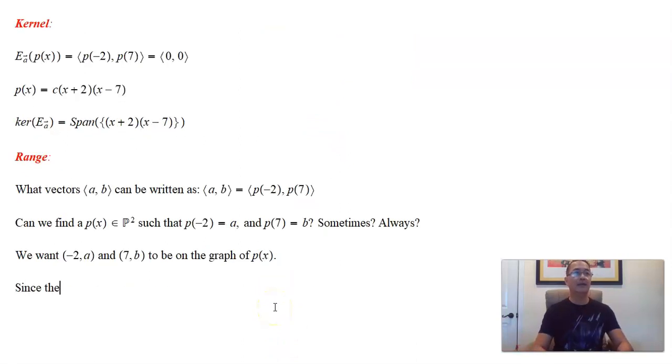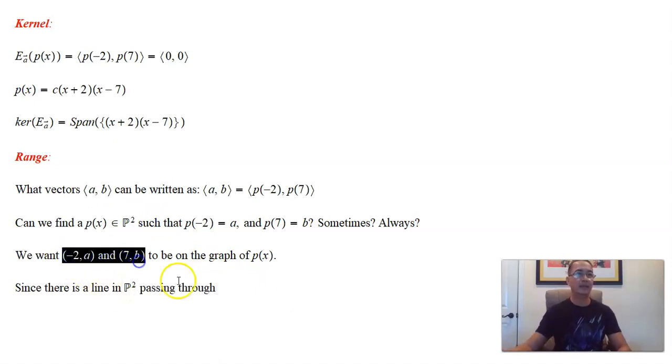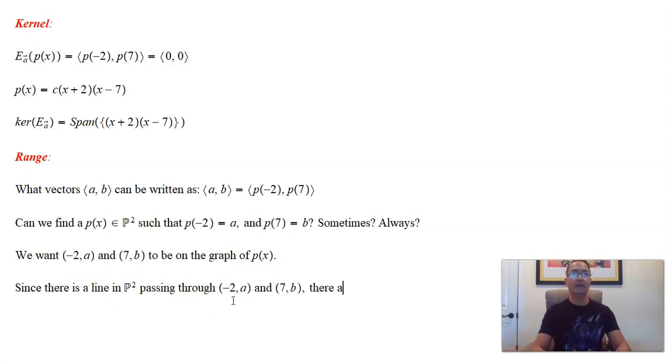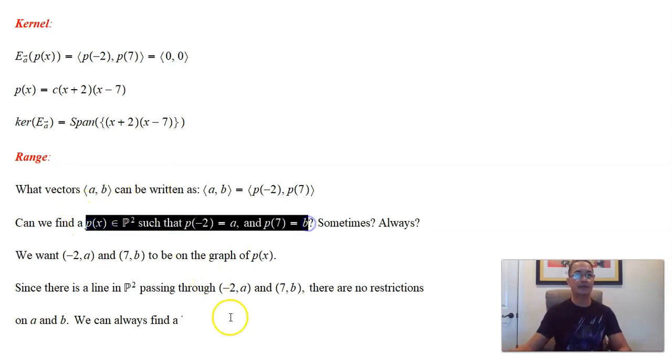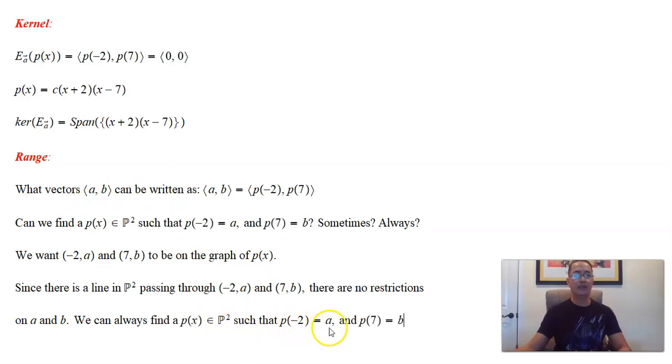Since there is a line in P2 passing through (-2, A) and (7, B), there are no restrictions on A and B. We can always find a p of x in P2 such that p of -2 is A and p of 7 equals B. So therefore, what does that mean?